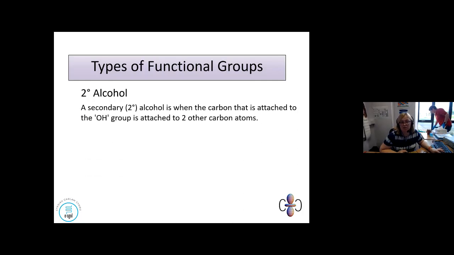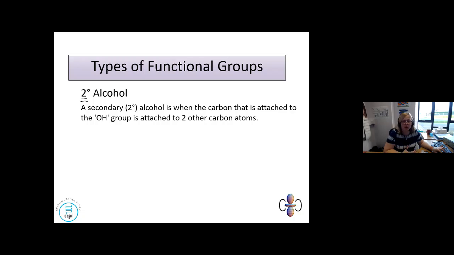Now, an alcohol is described as secondary if the hydroxy group is attached to 2 other carbon atoms. So the OH, whichever carbon it's attached to, has a carbon chain either side of it. Again, be careful, because I see lots of people assuming that a secondary alcohol means that it's located on the second carbon of a chain.